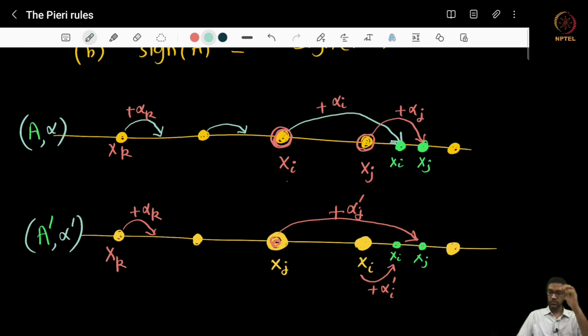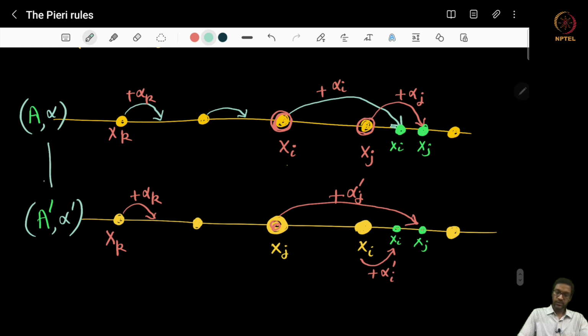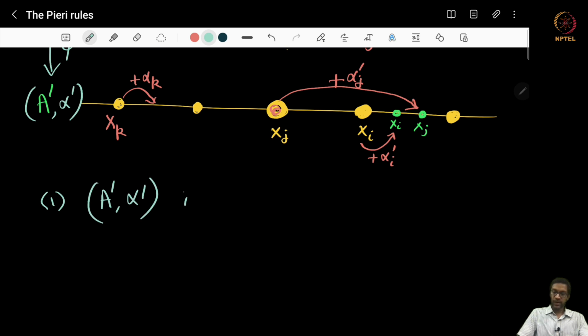Okay. Now comes the interesting thing. Let's call this map phi, which associates to each colliding pair a, alpha another pair a prime, alpha prime. Now here are the observations. Number one, if a, alpha is colliding, then a prime, alpha prime is also a colliding pair.